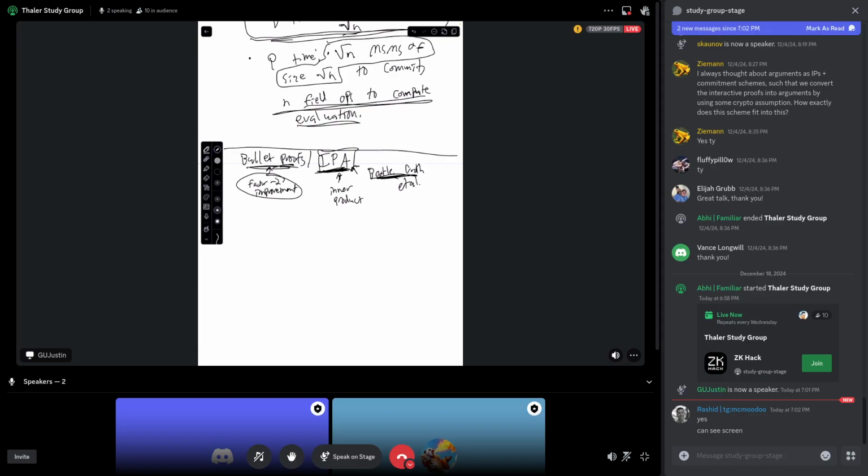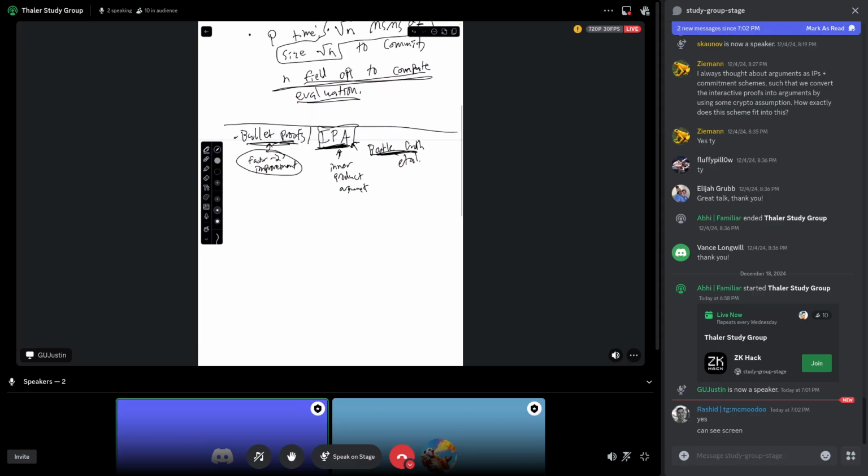All right, so let me briefly summarize the costs of Bulletproofs / IPA. It is transparent, like Hyrax. The commitment key is linear, so it's n group elements.